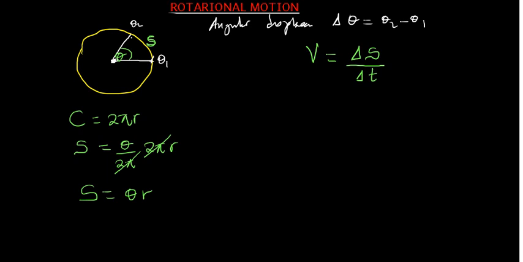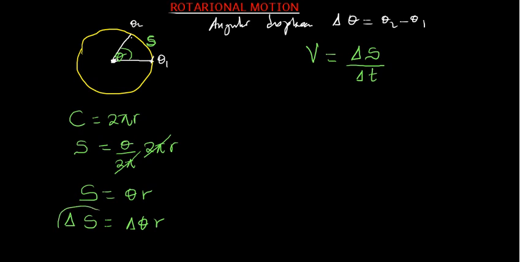And so where there is change in arc length, here it is just arc length. If we put change on both sides, we are going to introduce change. Then this will also be change in position, times r.